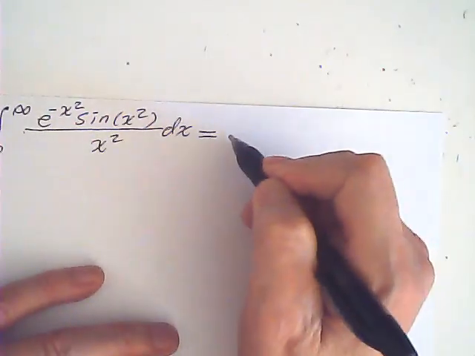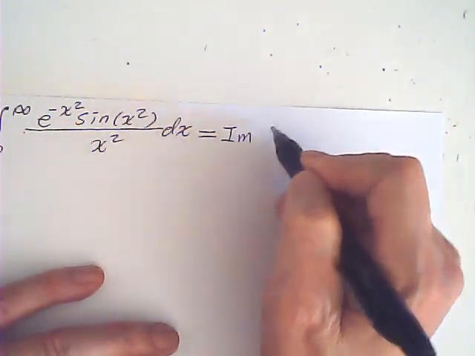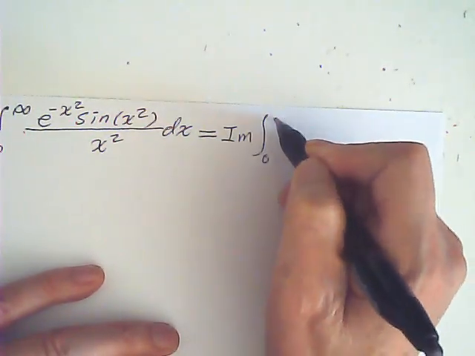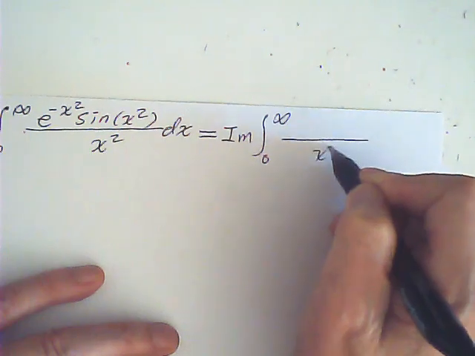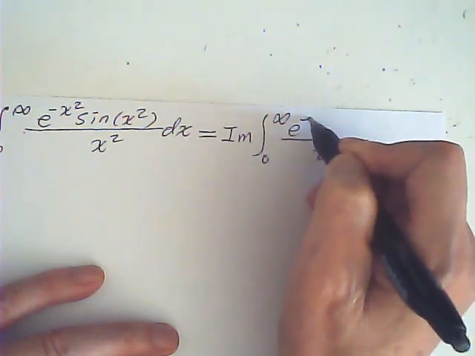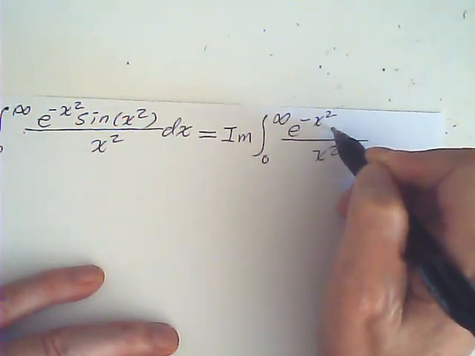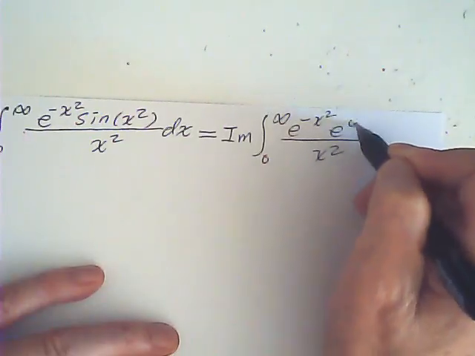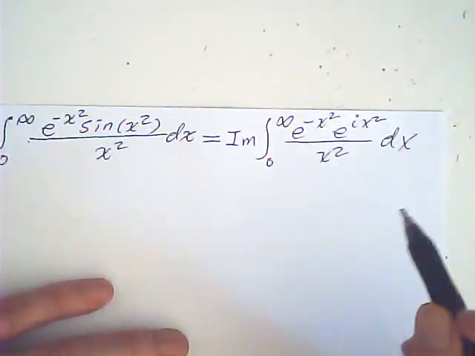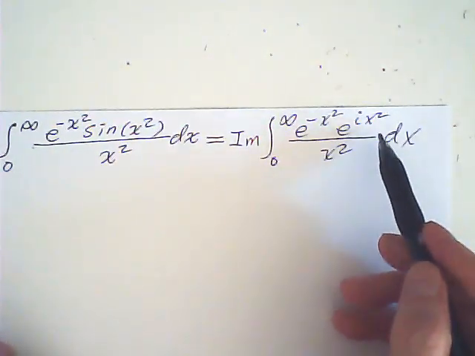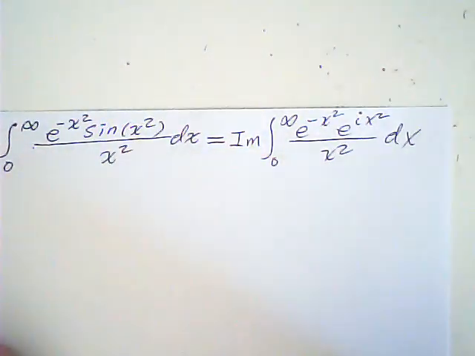So this one is equal to the imaginary part of the integral of x squared and e to the negative x squared and e to the i x squared dx. Right? This complex number's imaginary part is this.